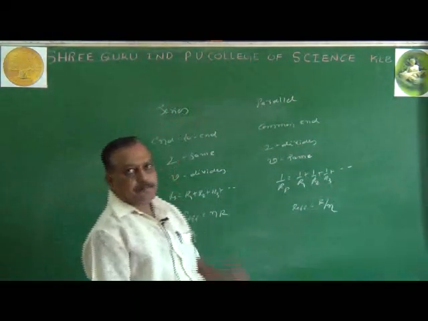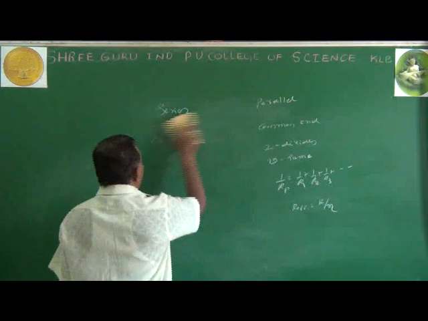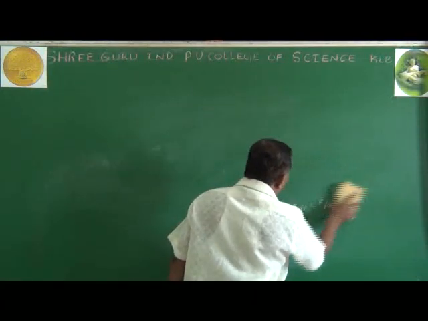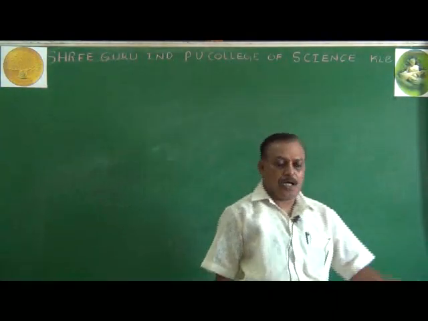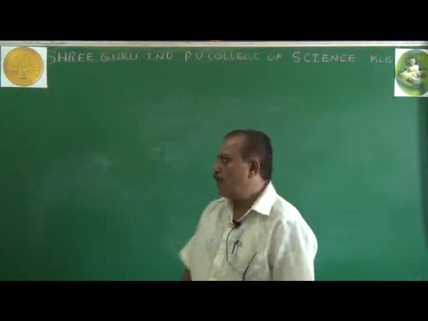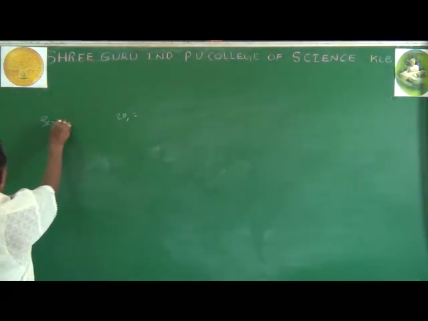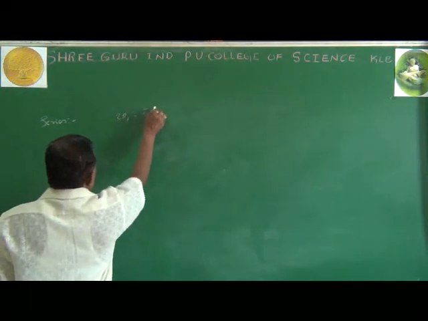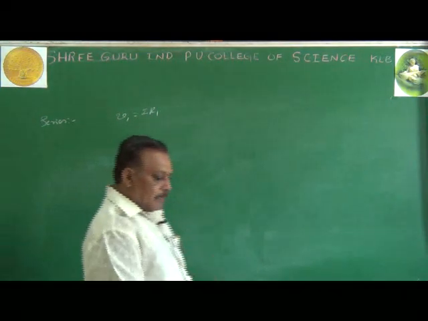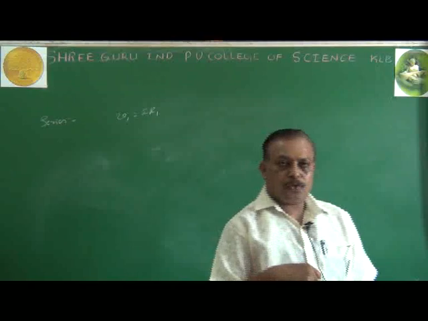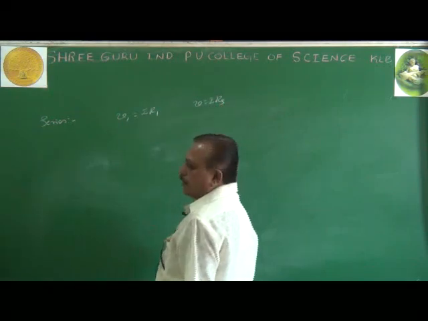So this is about series and parallel combination. Then, if I go for individual potential differences in the series and parallel combination, I want to calculate the potential difference across R1, R2 and R3 if they are connected in series. V1 equals I into R1 because in series current remains the same. When the combination is replaced by the equivalent resistance, the same current is flowing through it, then V equals I into Rs, the effective resistance of the series combination.